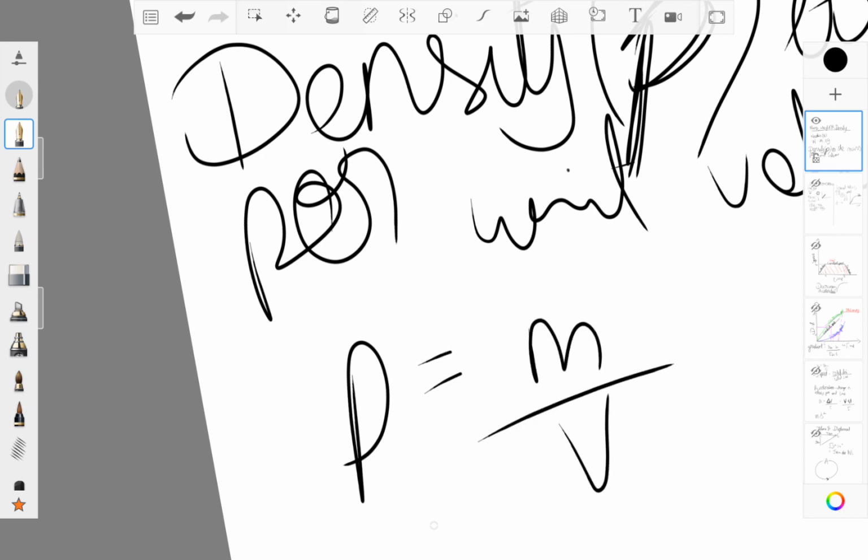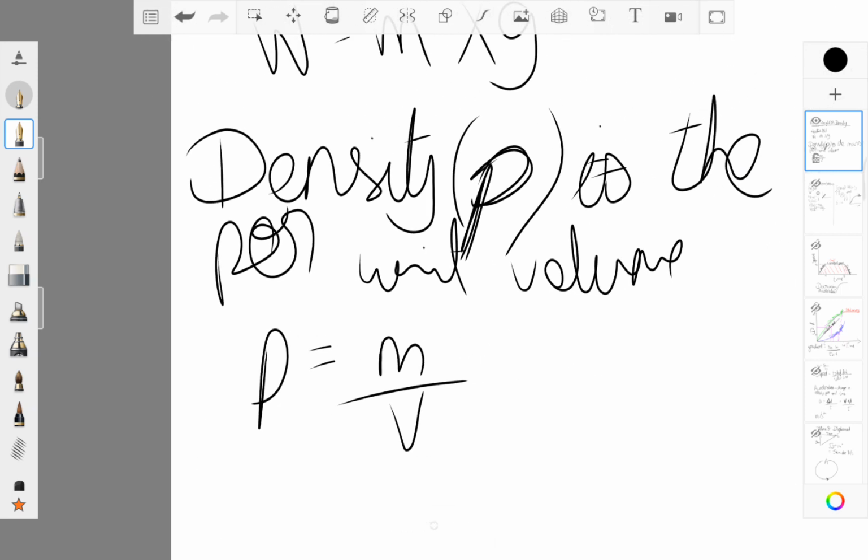Again, we've all learned this in checkpoint. The SI unit for density would be kilograms per meter cubed.